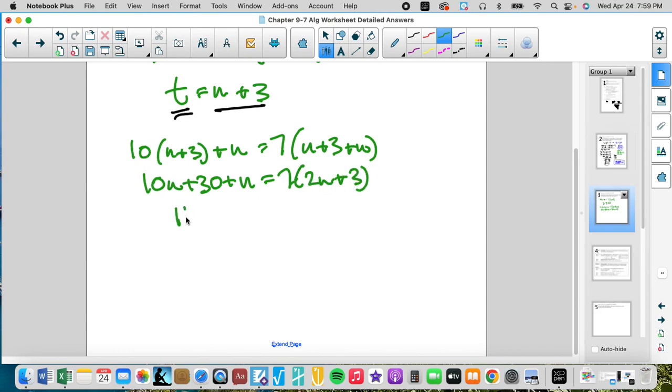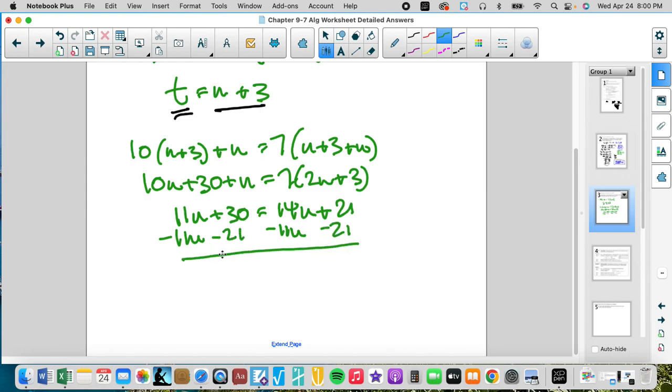That's going to be 11u plus 30 equals 14u plus 21. Let's move the u's, let's move the constants, and we get 9 equals 3u. Divide by 3, divide by 3. 3 equals the units place.